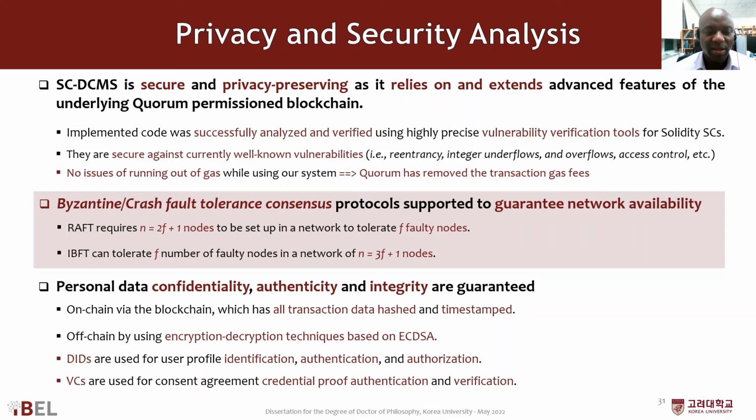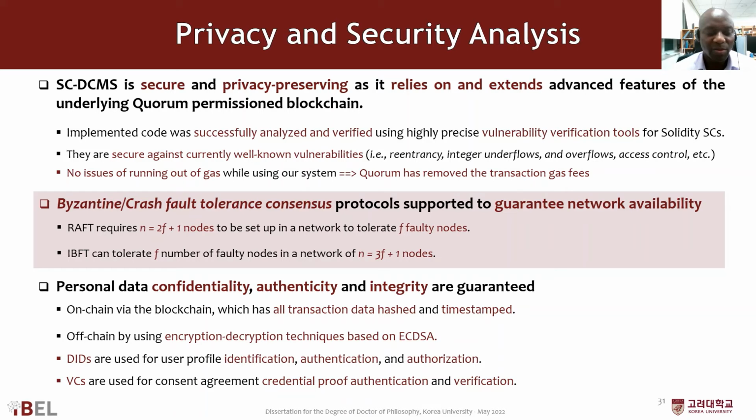The personal data confidentiality, authenticity, and integrity are guaranteed on-chain via the blockchain, which has all transaction data hashed and timestamped. Off-chain data are secured using encryption and decryption techniques based on the elliptic curve digital signature algorithm.